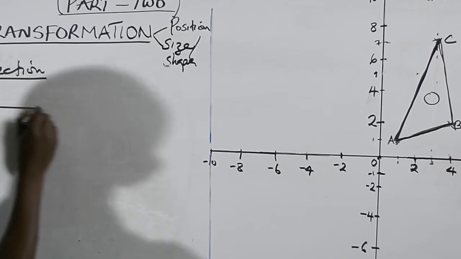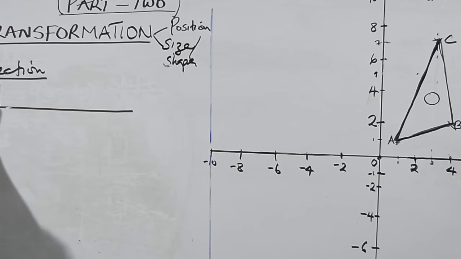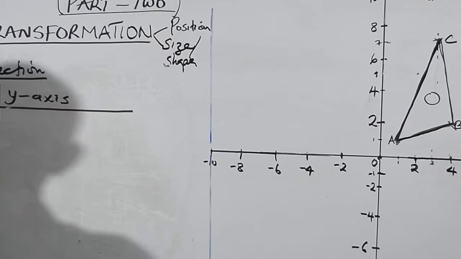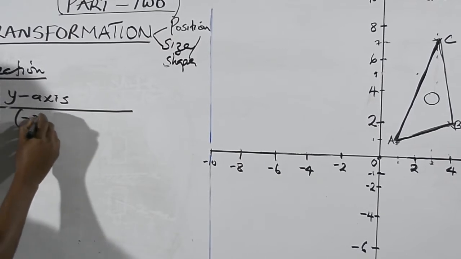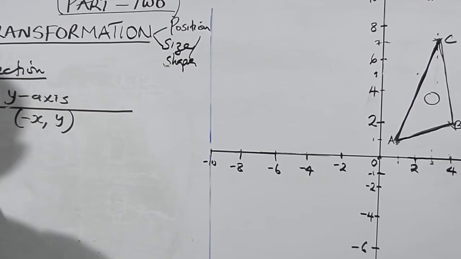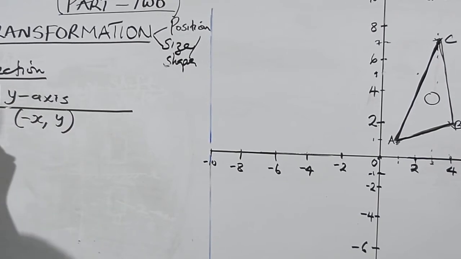This is reflection in the x-axis and reflection in the y-axis. In the x-axis it is x comma y, and in the y-axis it is minus x comma y. So I'm using those objects, and A2 is supposed to be 1, minus 1, and B2 is supposed to be 4, minus 2, and C2 is supposed to be 3, minus 7.